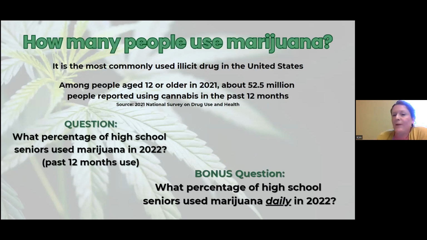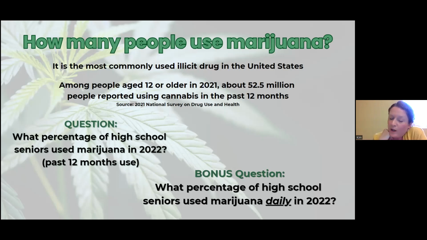When we talk about how many people use marijuana, the most recent stats that I was able to find show that it is the most commonly used illicit drug in the United States. In 2021, a survey was done by the National Survey on Drug Use and Health.